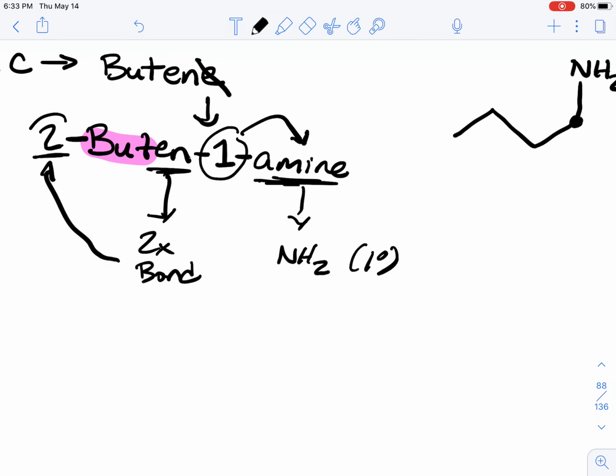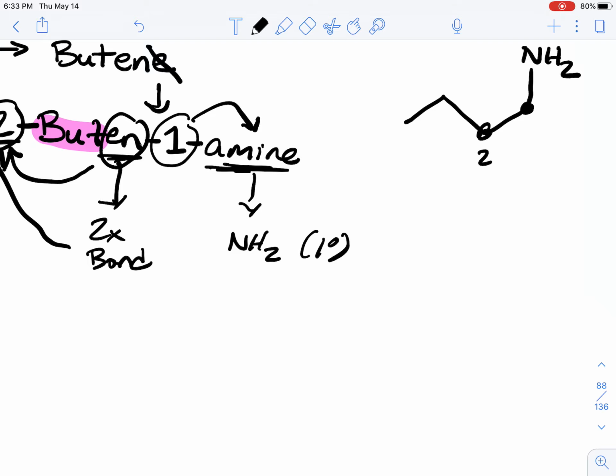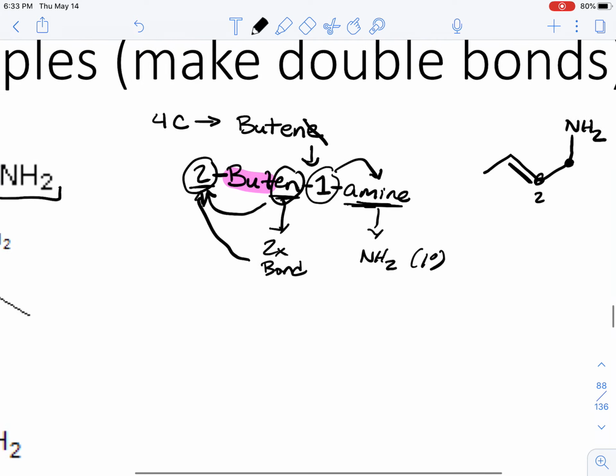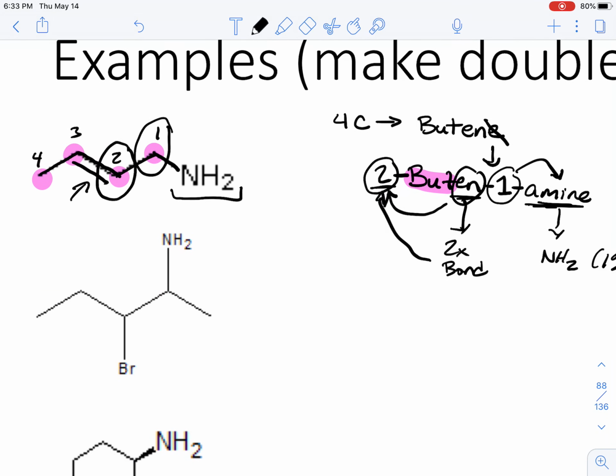And so since I have a double bond that's on carbon 2, then on carbon 2, I need to put a double bond. And so overall, my skeletal structure will yield something similar to my original structure that I named.